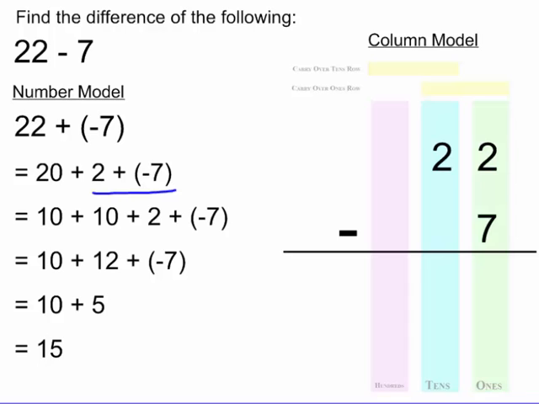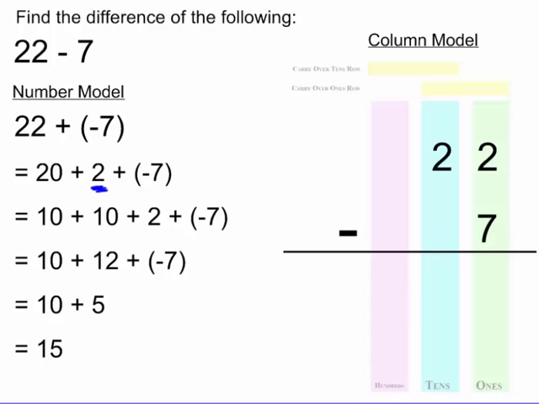If I tried to add 7 negative chips, or 7 negative ones, to 2 positive ones, I would end up with a negative 5. And we do know how to do that, and if that's your preferred method, by all means. But I'm going to try and do this one a little differently so you can see how it connects to the column model. So what I want to try and do is make this 2 a little bit larger. I want it to be greater than the 7. So when I add those negatives together, I'm going to end up with a positive number.